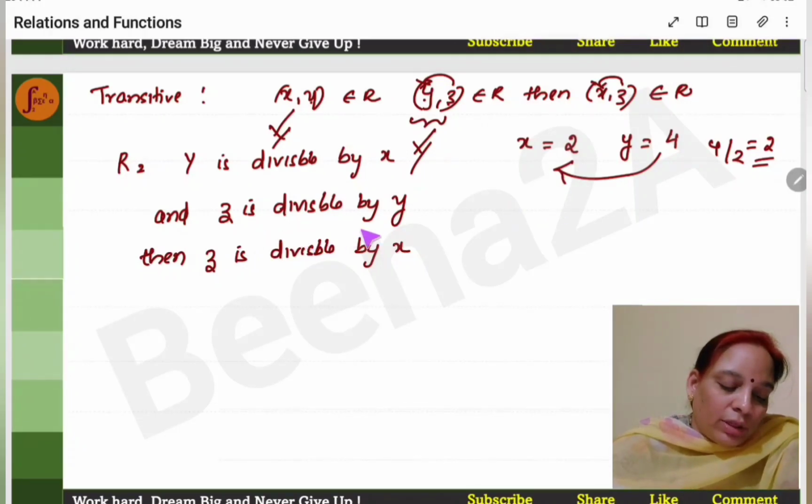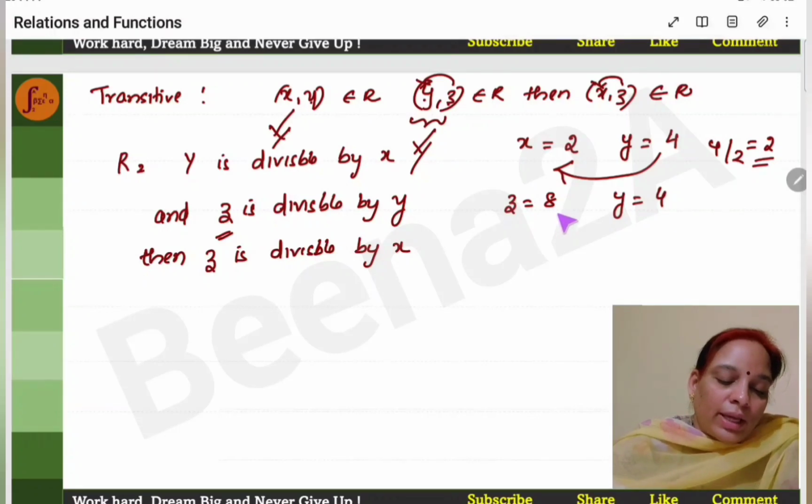Now, next one is, we need to find out Z. Let's say Z is equal to 8. Then 8 should be divisible by Y. What is Y? 4. Is 8 divisible by 4? Yes, right? 8 divided by 4 is equal to 2. Again, it's a whole number. Therefore, it is divisible. Now, second condition is satisfied.